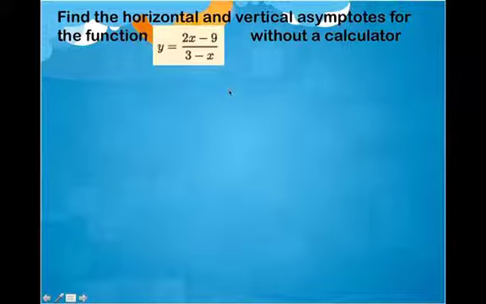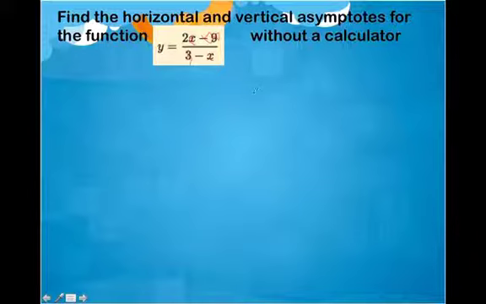Now what about the horizontal asymptote when x gets really, really large? When x gets really, really large, this 3 and this 9 don't really matter. So what we really have is 2x over negative x. The x's cancel out, so we really have 2 over negative 1, which is negative 2.